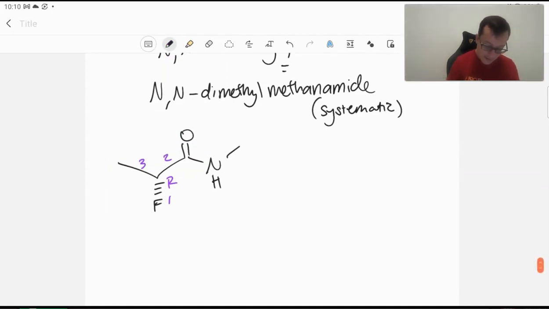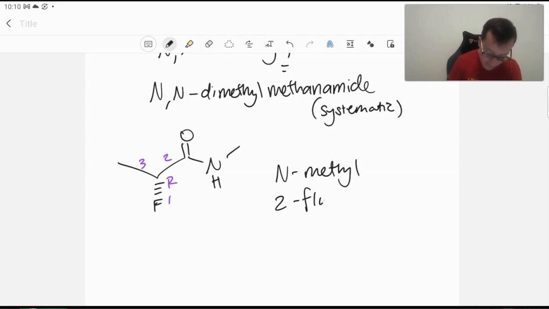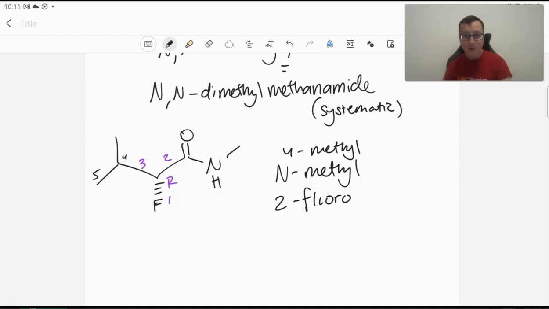We would say that we have on this thing N-methyl, and we have 2-fluoro, and we would just need to put those in alphabetical order. Here, I'll do another one. And we'll say that we also have N-methyl and 4-methyl. So we can see how that works together.